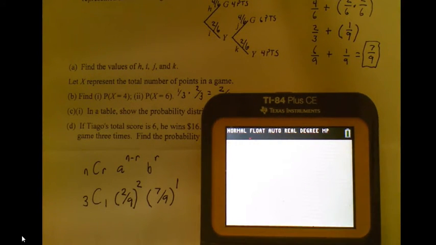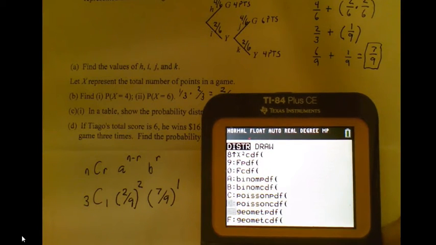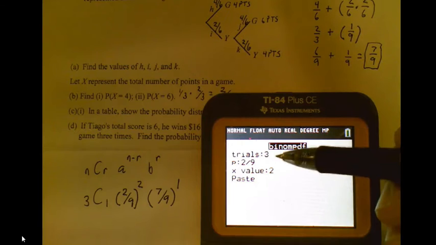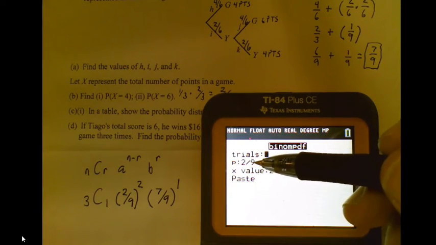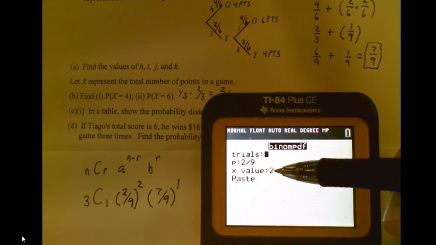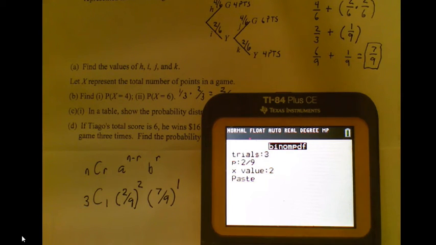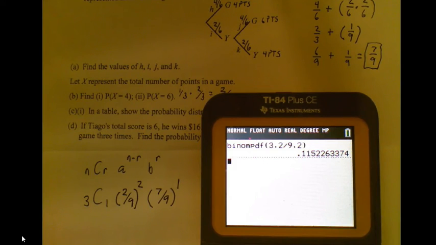If I go under distribution and go to binomial PDF, there's going to be 3 trials. The probability of success is 2/9, and we need this to happen twice for him to win that exact amount of money. If I put those in, there we go, same answer, about 11.5%. So either way we could do that.